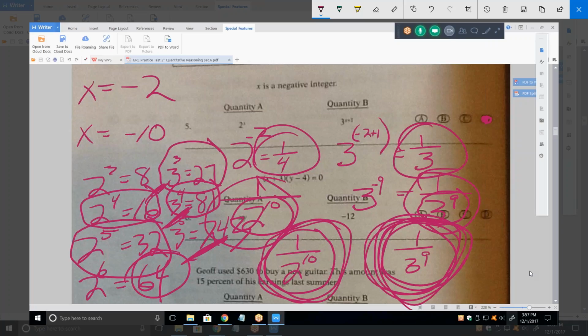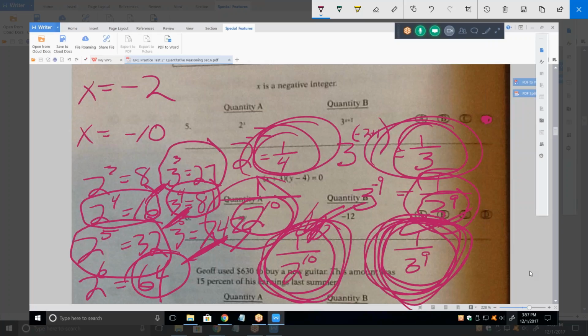It's true that 3 to the 9th is bigger than 2 to the 10th, but that makes 1 over 2 to the 10th bigger than 1 over 3 to the 9th. When you take the reciprocal of a number, the bigger the denominator, the smaller the number. So this is a bigger number right here than this. And yet, in this case, B was bigger.